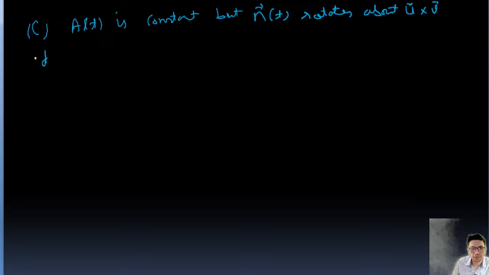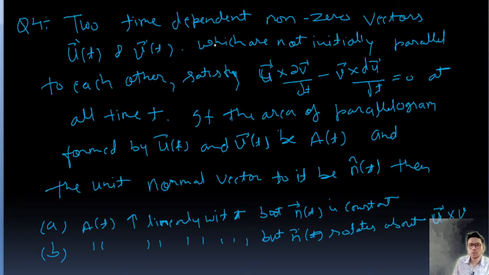And option D is A(t) and n(t) are constant. Very good question. Simple. Two independent time dependent non-zero vectors, which are initially not parallel to each other, satisfy this relation at all times t.